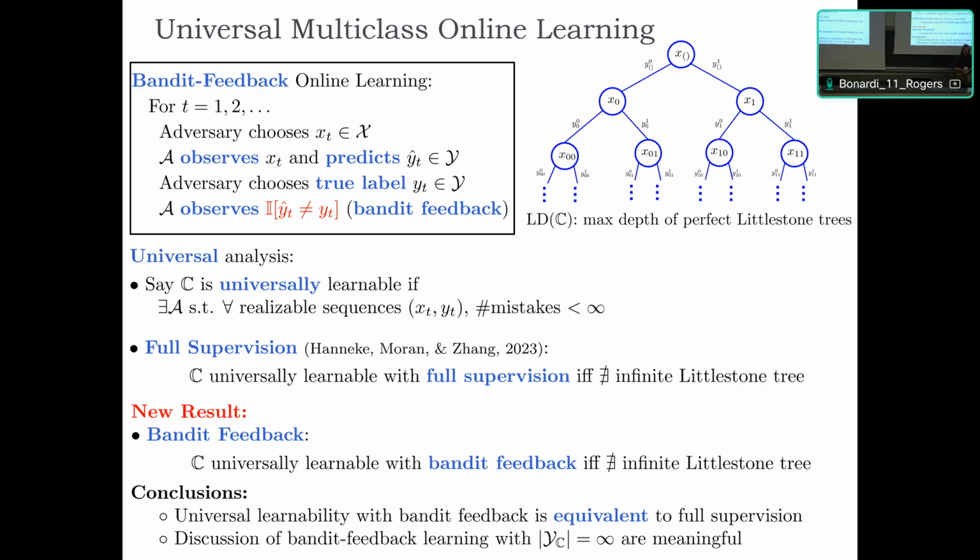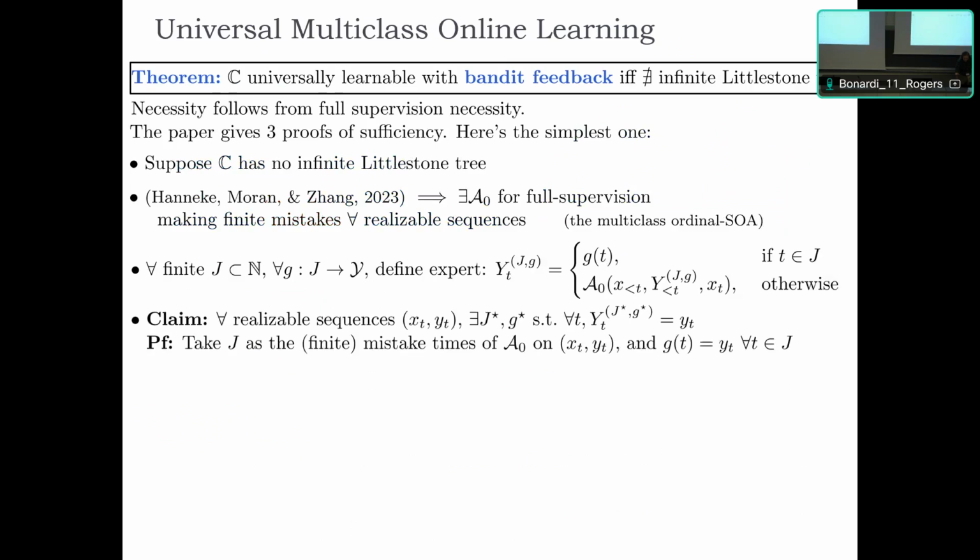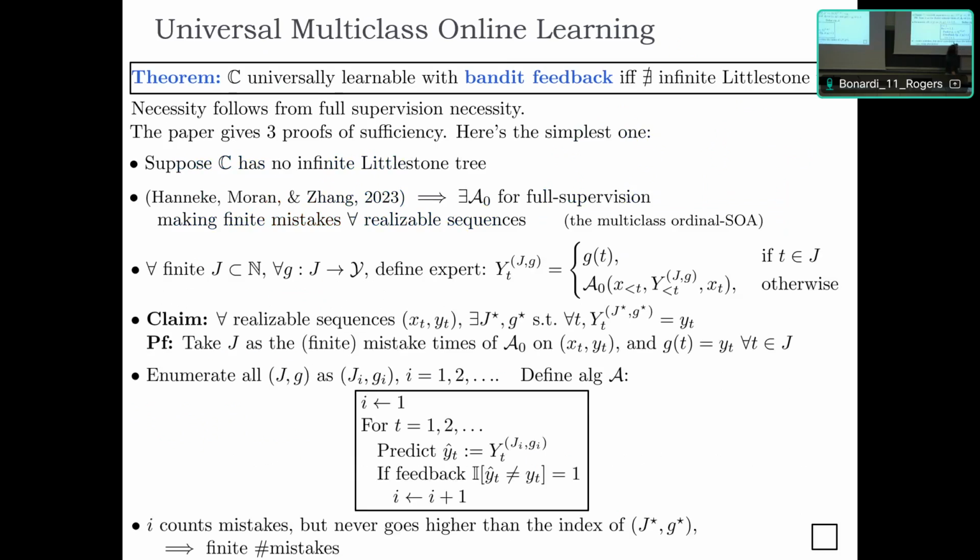Yeah. So, I guess one answer is this reduction, which just uses the full supervision algorithm, you could do this in polynomial time as a polynomial reduction. You're just, on the fly, when you update I, figuring out what the next expert in the sequence would be.